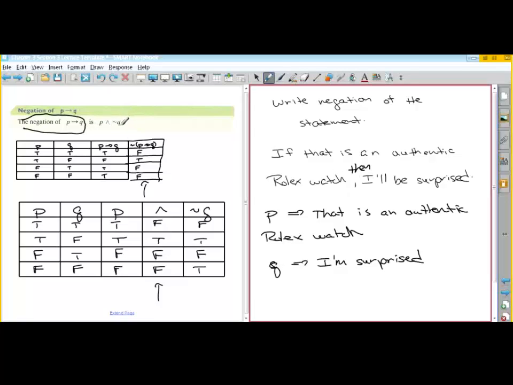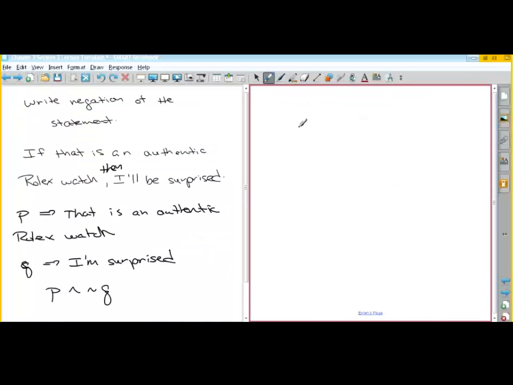Now that I've identified P and Q, all I have to do is write it in this form: P and not Q. So how do I write that? The negation of this original if-then statement is: that is an authentic Rolex watch and I'm not surprised.